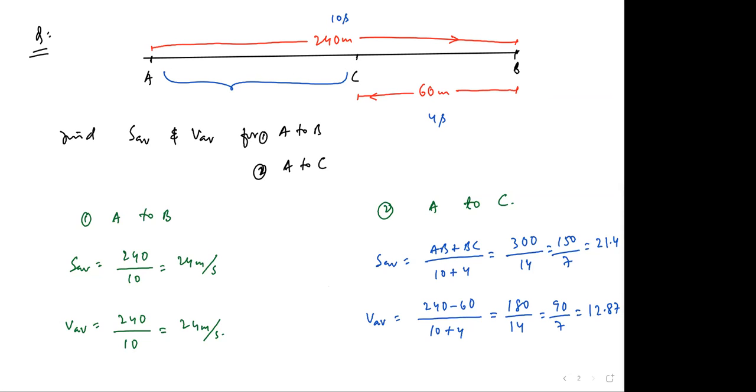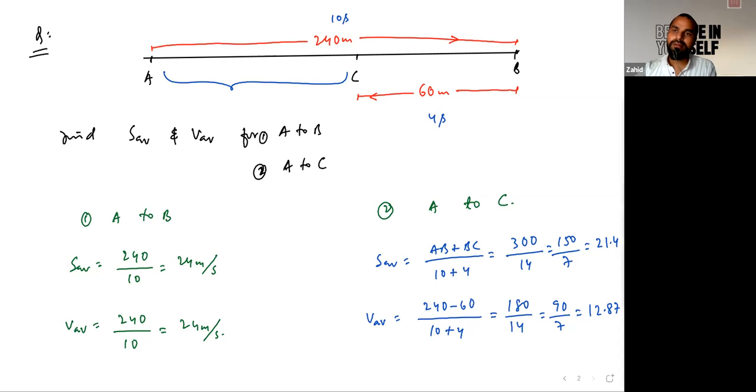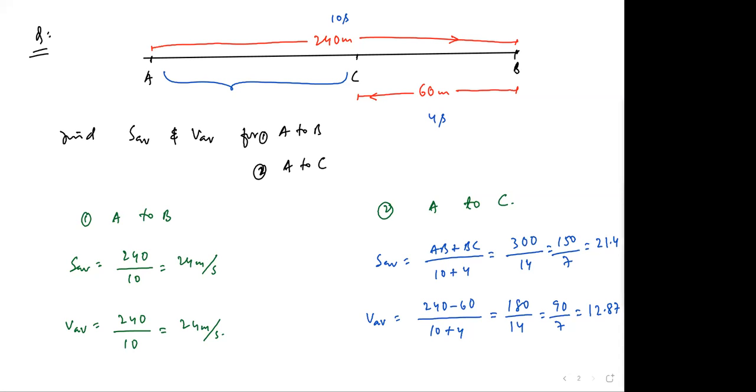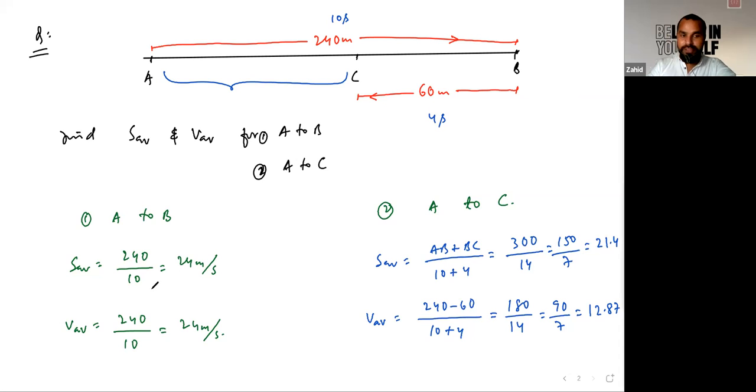Yes, sir. Hamza, is it clear? Yes, sir. So from this we can conclude that for a straight path, average velocity and average speed are equal. For any other path other than straight, average speed is always greater than average velocity.